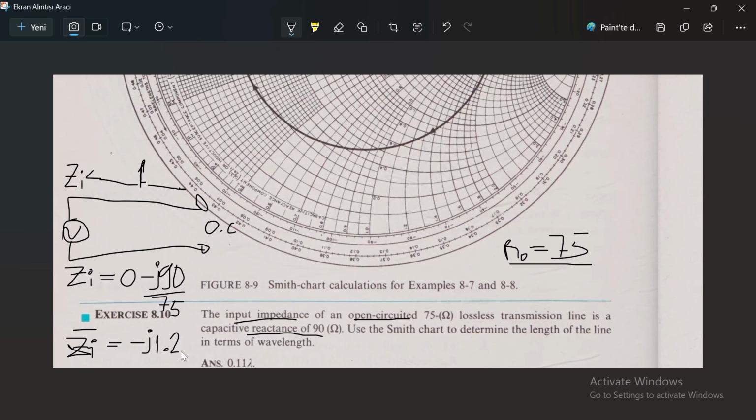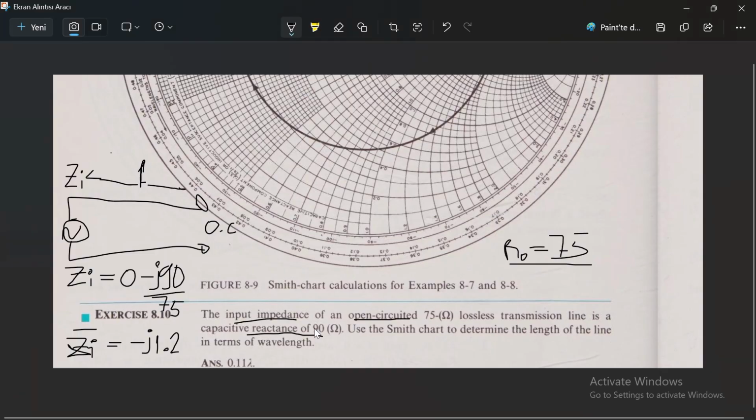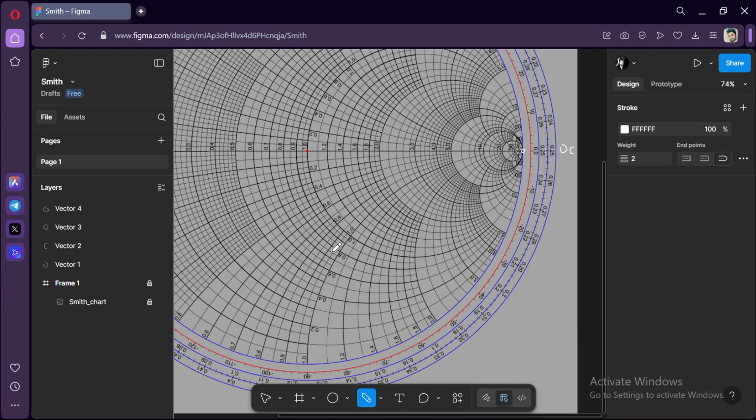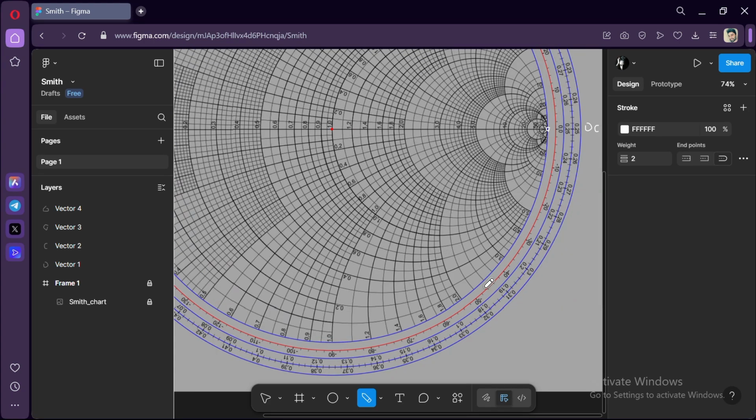Now we can find this value on the Smith chart. Where is it? Here. Minus j1.2. The negative values are at the bottom of the chart, right?